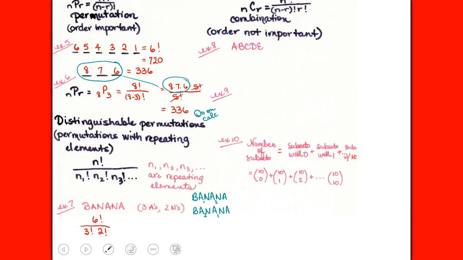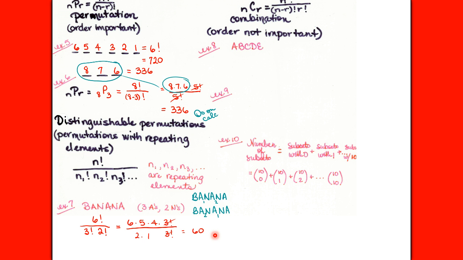If I simplify that, and we've been simplifying factorials for several sections, so we're good at that, I get 60. Look at the difference. I had 6 different letters to choose from up here, and there were 720 different ways they could be arranged. I had some repetition down here with my 6 letters, and so there were only 60 different ways they could be arranged.